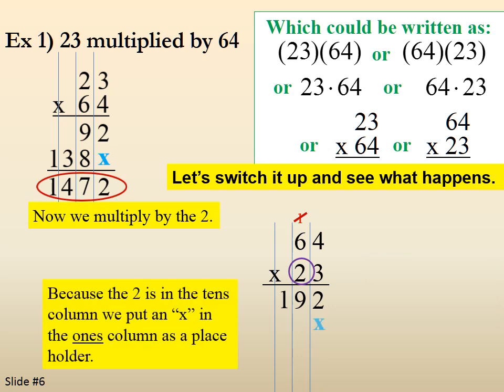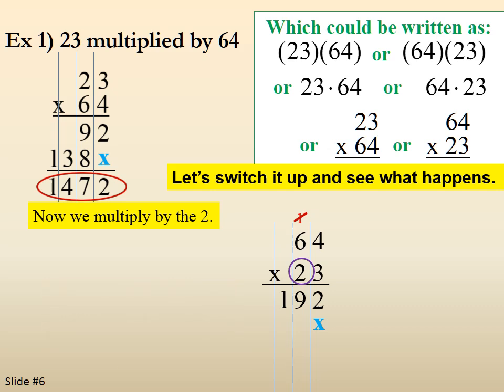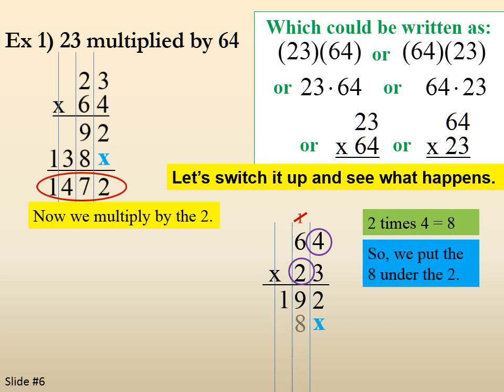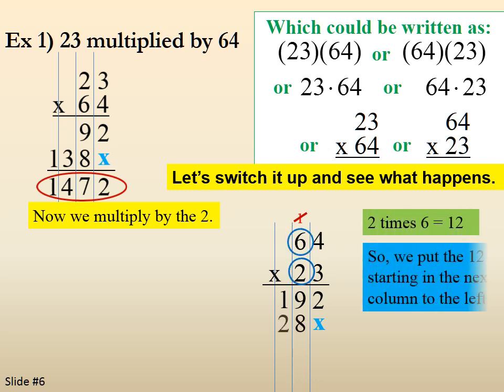We move over to the 2. Again, because the 2 is in the tens position, I'm going to put an X, a placeholder, in the ones position. So 2 times 4 gives us 8. We put down the 8. 2 times 6 gives us 12. We write down the 12.